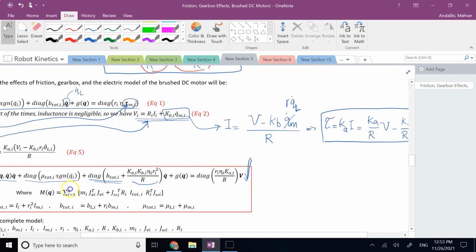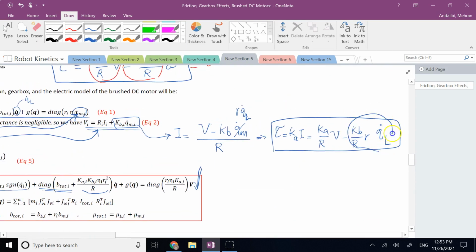That is coming from this term, because there is something in the torques that has a connection with Q dot L, and this diagonal term is entirely multiplied by Q dot. So that negative term that comes on the right hand side, I take it to the left hand side, it becomes positive like this.